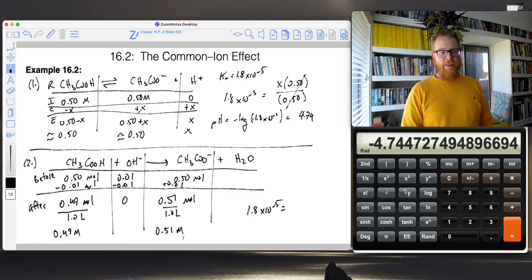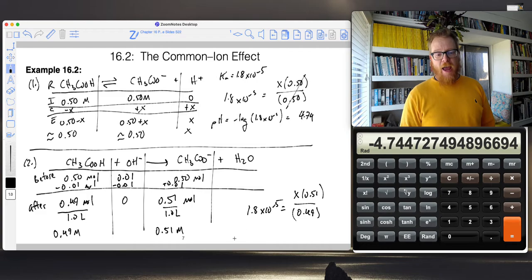And so remember, we're not making a Rice table out of this table number 2. It's this reaction. And so now my new acetic acid concentration is 0.49 molar, which I put on the bottom, right? And my H plus concentration is still X, because that's what we're solving for. And then now my new acetate concentration is 0.51 that I'm going to put right there.